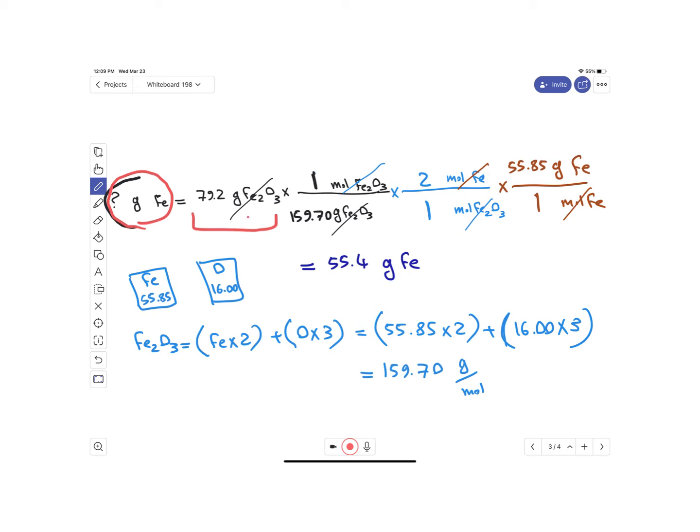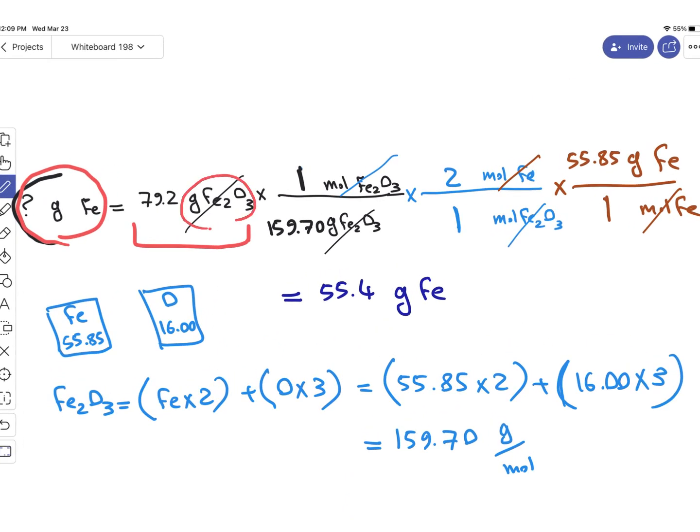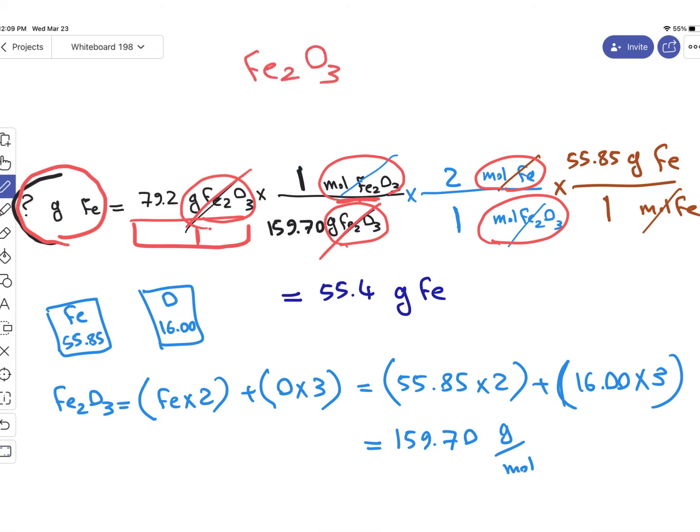So here, if I want this gram to cancel out, I convert to moles using molar mass, and I write grams in the denominator so it cancels with the numerator, and then I have moles in the numerator. In the next step, I convert moles of iron 3 oxide to moles of iron by chemical formula. You just look at Fe2O3.